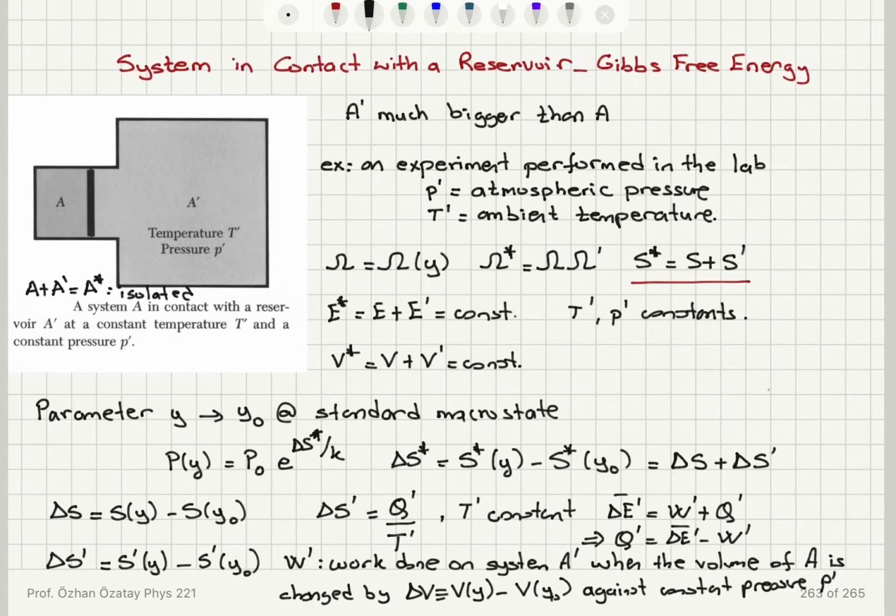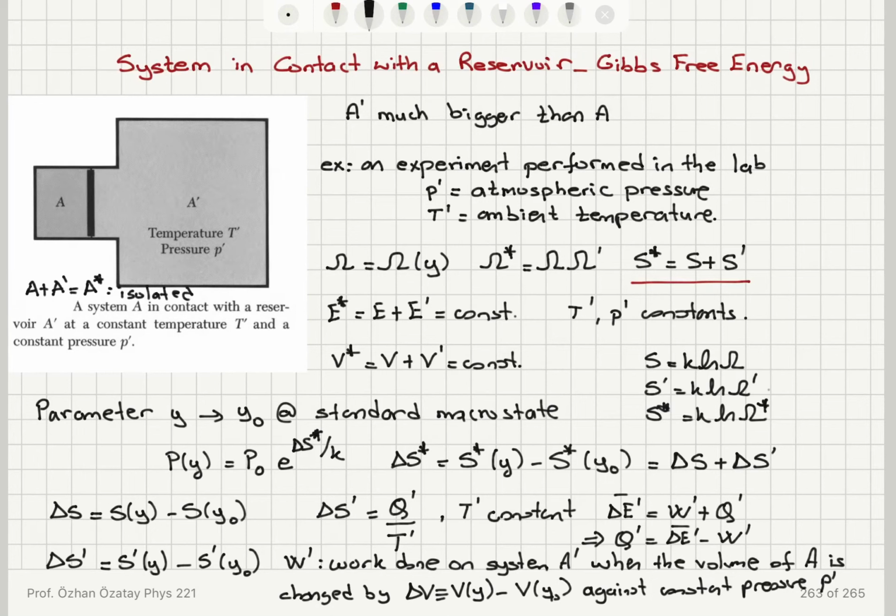The change in entropy of system A prime plus the change in entropy of system A is the total change in the entropy. And remember that entropy is K ln omega. So the entropy of system A prime is K ln omega prime, and the entropy of system A star is K ln omega star.